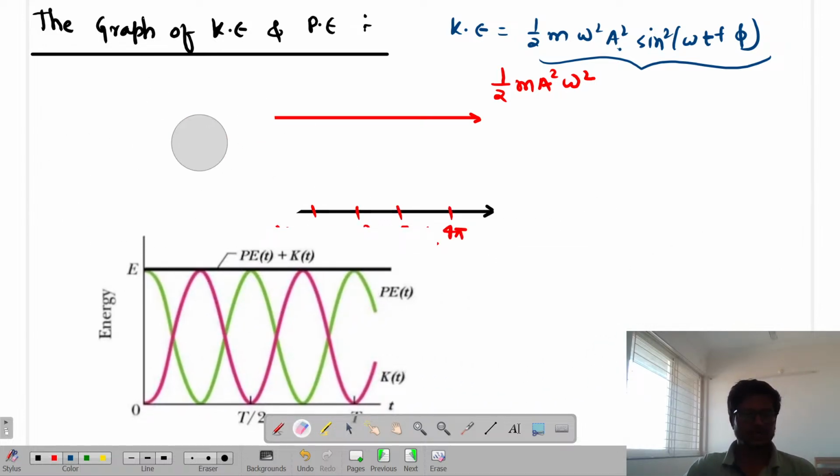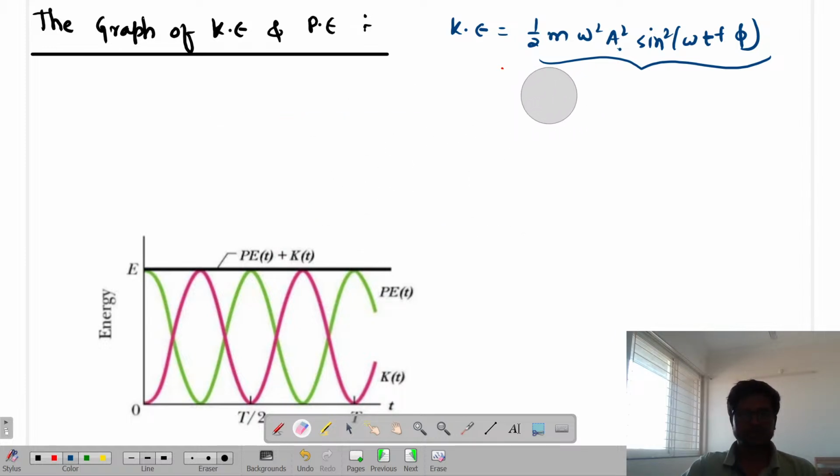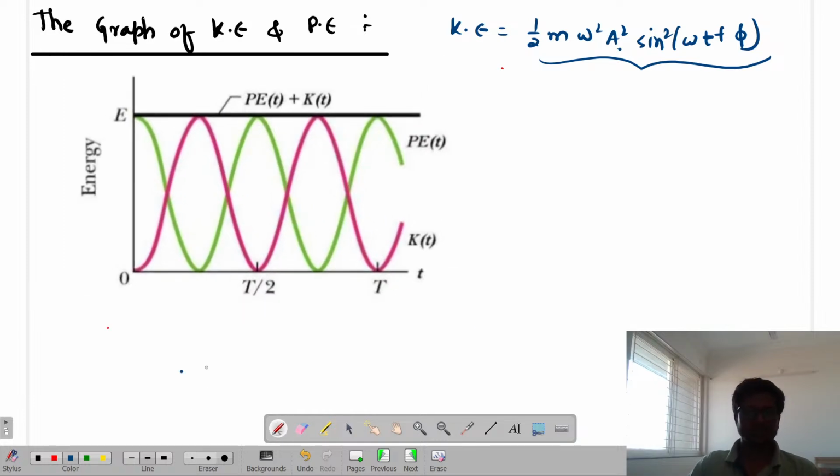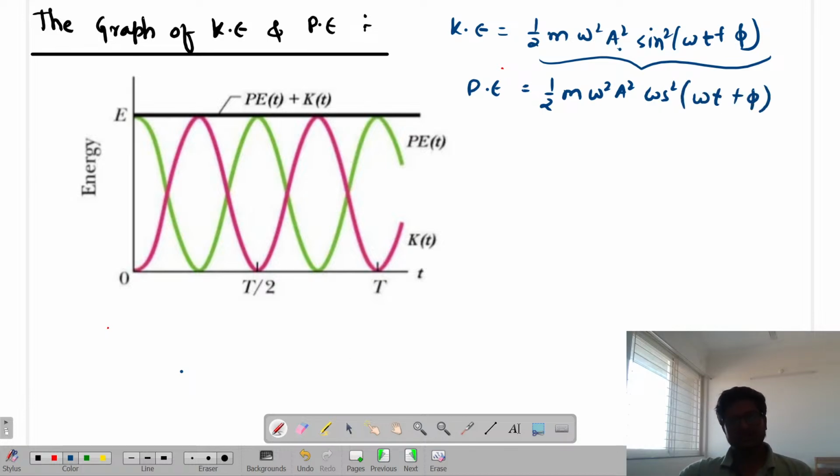So you can see over here, if I consider the kinetic energy and potential energy, basically we know that the kinetic energy varies with a sine term, and similarly the potential energy varies as half m omega square a square cos square omega t, है ना? तो जो काइनेटिक एनर्जी की ग्राफ होगी वो साइन वाली ग्राफ होगी, ये वाली ग्राफ। और जो पोटेंशियल एनर्जी होगी वो ऊपर से नीचे आएगी, क्योंकि पोटेंशियल एनर्जी कॉस की ग्राफ को फॉलो कर रही है। मेरी बात समझ में आई या नहीं आई? इज दैट क्लियर?